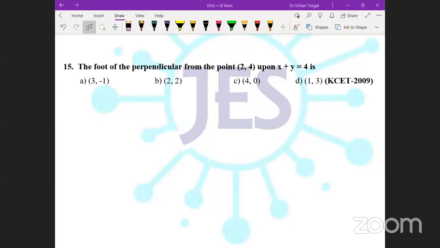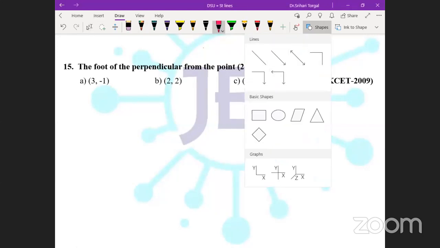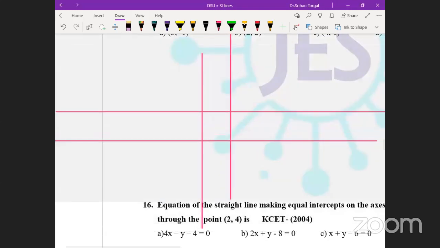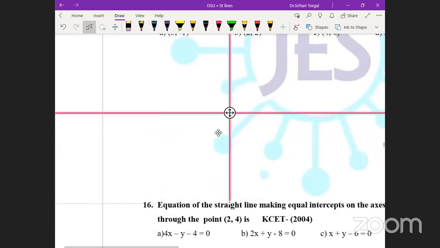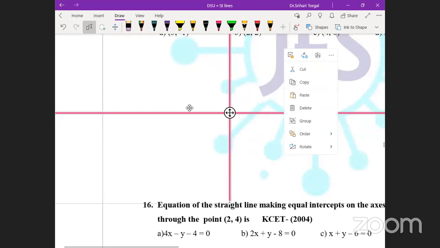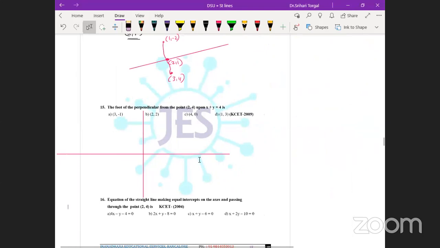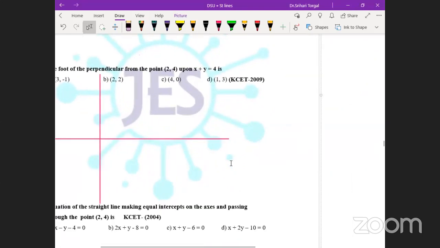The foot of the perpendicular from the point (2, 4) upon x + y = 4. Let me draw the graph here, then I'll solve this. See here, the x-axis and y-axis.